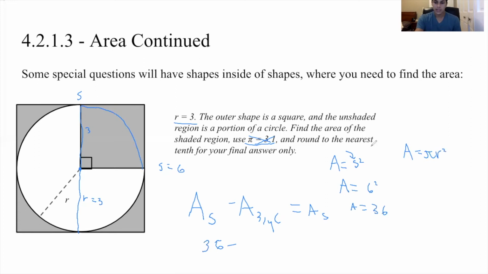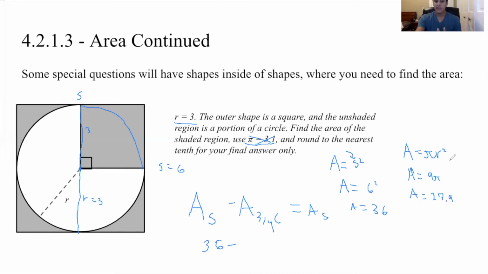And since it gives us r in the question and it says use 3.1 as pi, we can just plug these values in and get area equals 3.1 times 3 squared, or 9 times 3.1, which is pi. We have to use 3.1 as the value of pi. And then when you multiply that out, that gives you 27.9. So the area of this circle that we've drawn is going to be 27.9.